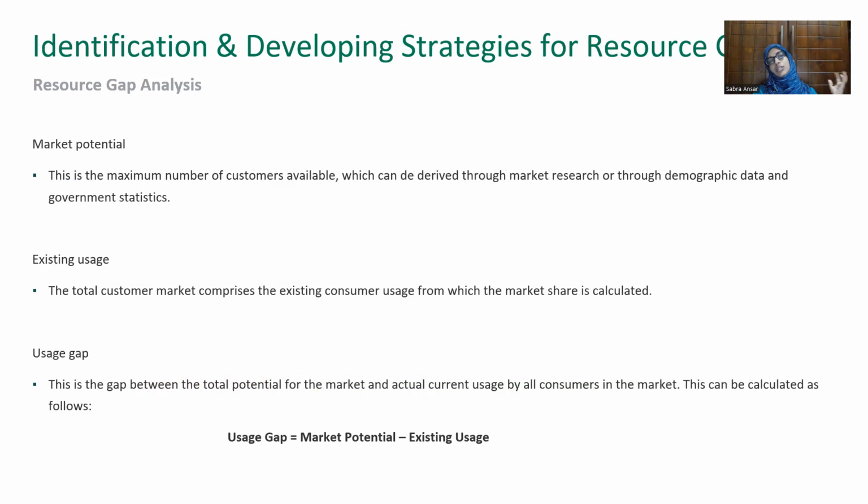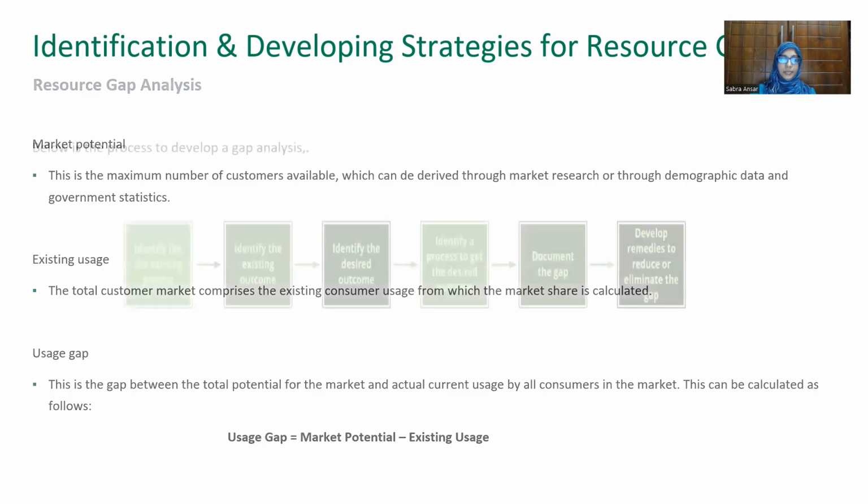Market potential is the maximum number of customers available, and this is generally derived through research or using demographic data or government statistics. The market comprises existing usage, and the market share is calculated. The difference between these is identified as the usage gap.